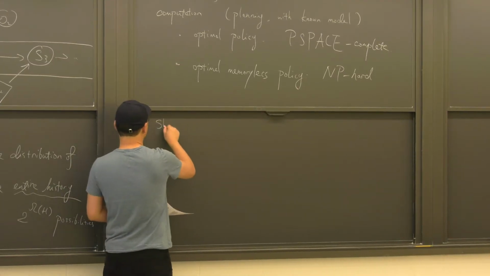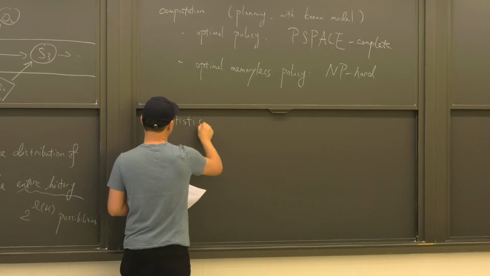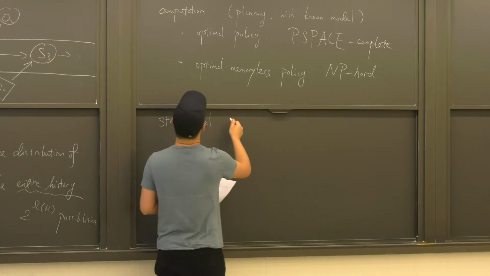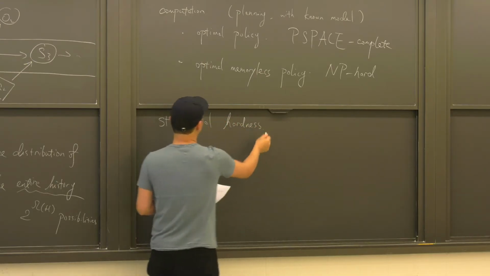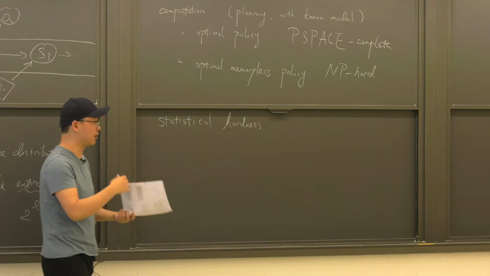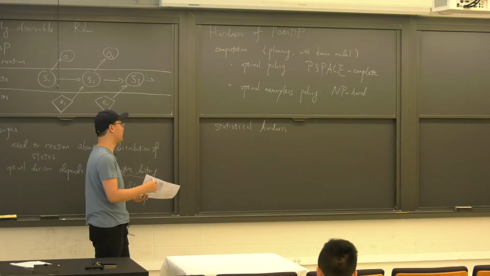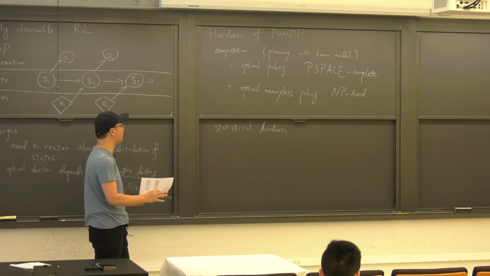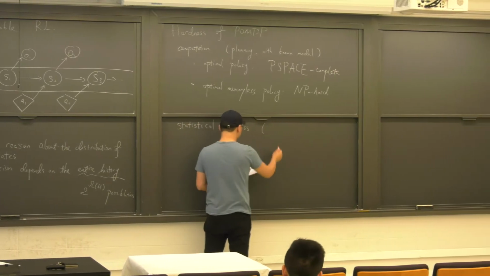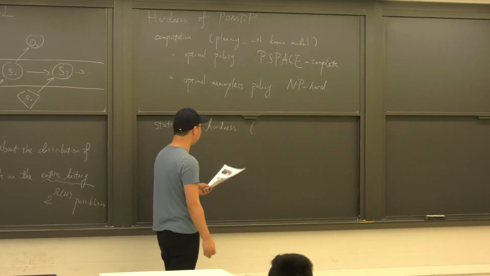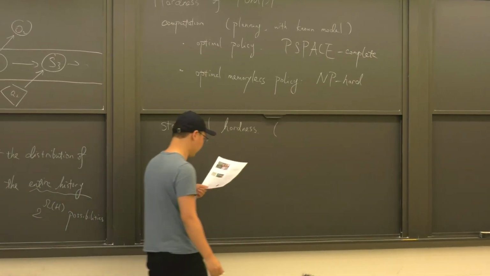The second class of problem is statistical hardness. One perspective is no model: for example, I give you an infinite number of samples, so you can estimate the model infinitely accurately, and you just do planning. The other end is if I have infinite computation, but I want to learn the model, which is the statistical perspective.